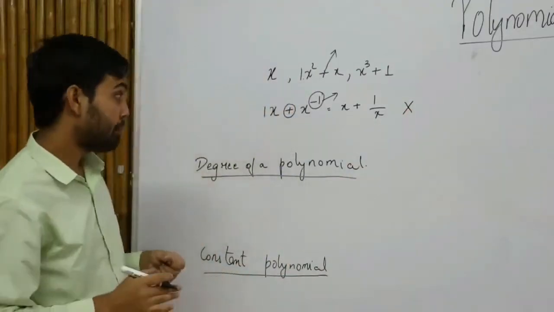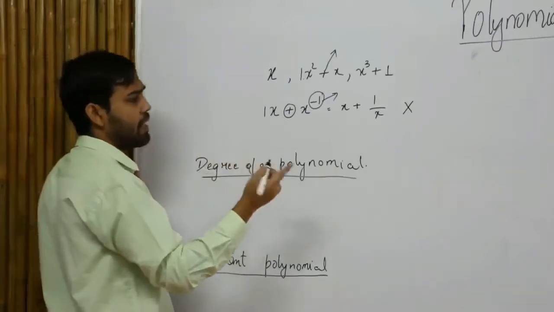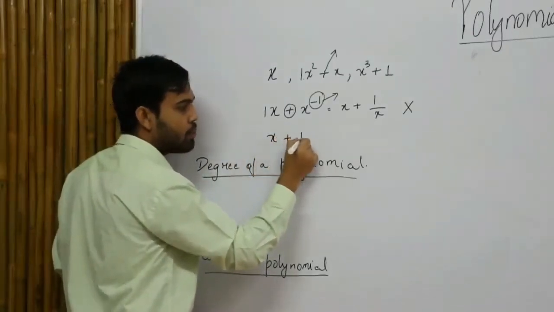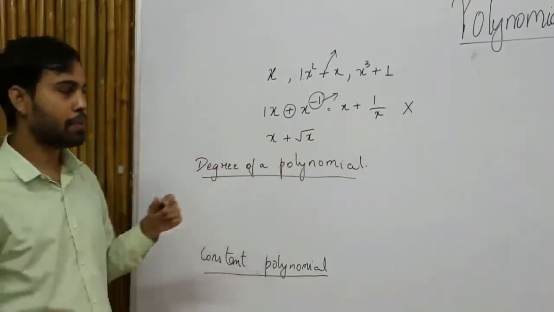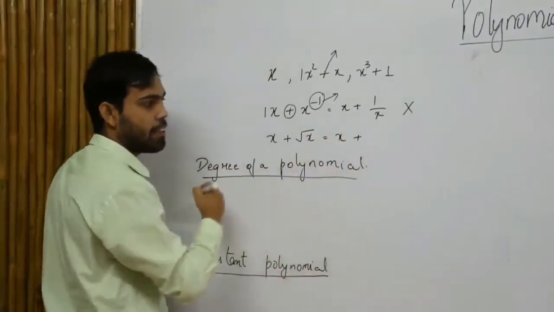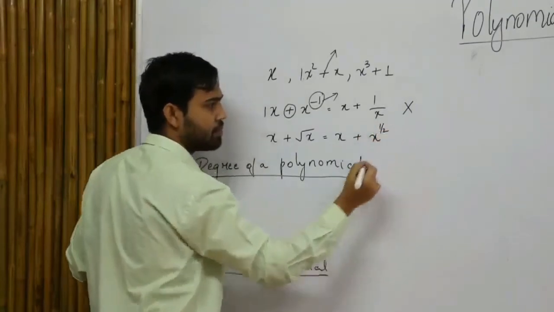Keep this in mind. Again, let us take another example. Suppose I have x plus root of x. I can write this as x plus, instead of root x, x to the power half.